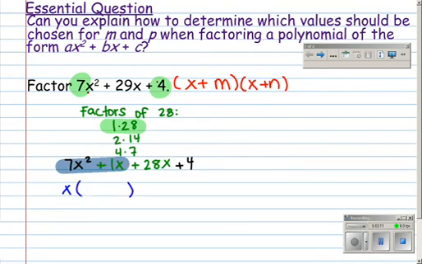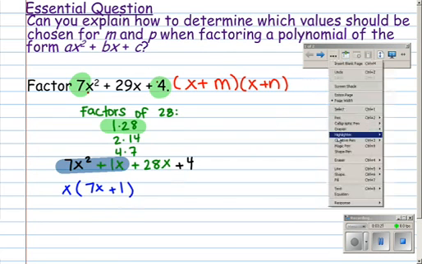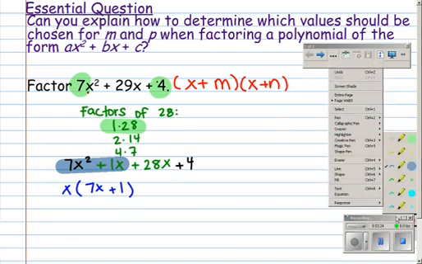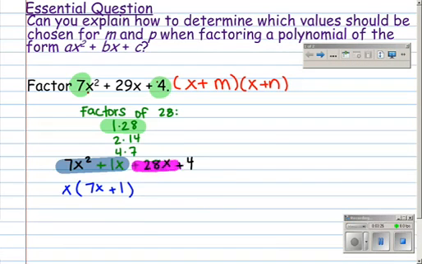And if we factor x out of those two terms, we're left with 7x plus 1. Now we'll take the last two terms, and we will factor out a greatest common factor. Well, here the greatest common factor would be 4, and since it's positive, we'll write plus 4. And if we factor 4 out of each of those terms, that would leave us with 7x plus 1.